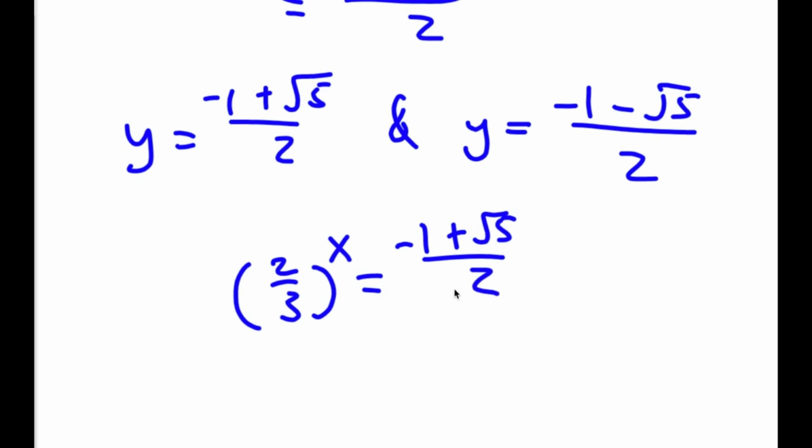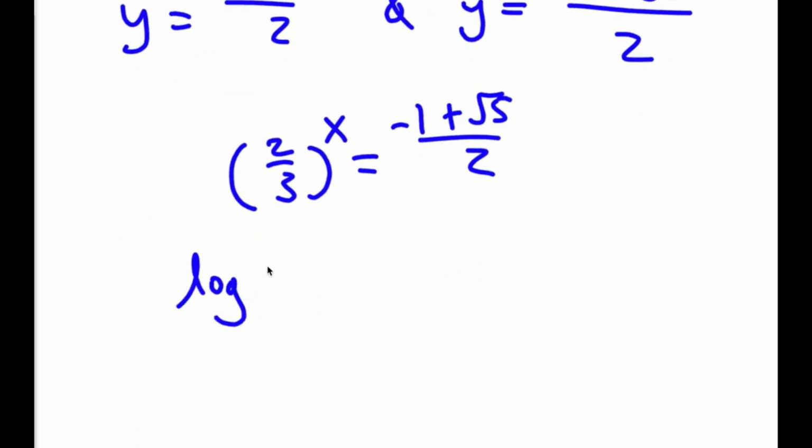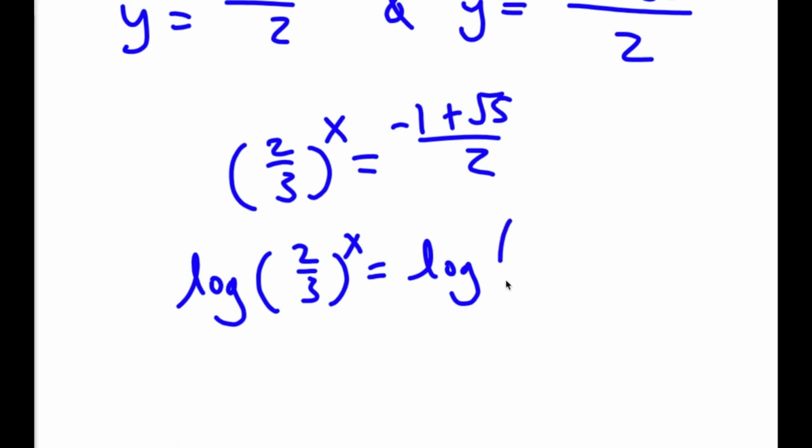So if I solve this, I'll first take the log on both sides. So I have log of 2 over 3 to the power of x is equal to log of negative 1 plus the square root of 5 over 2.